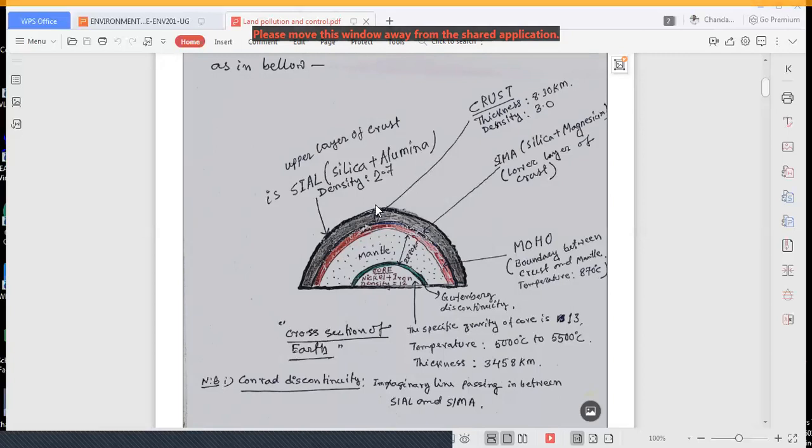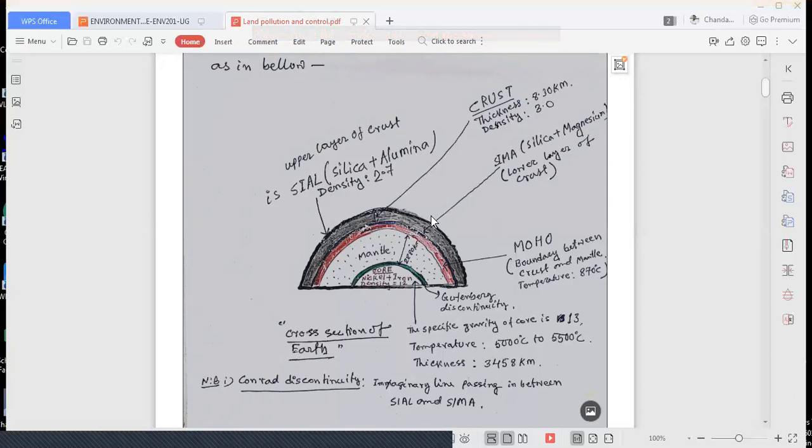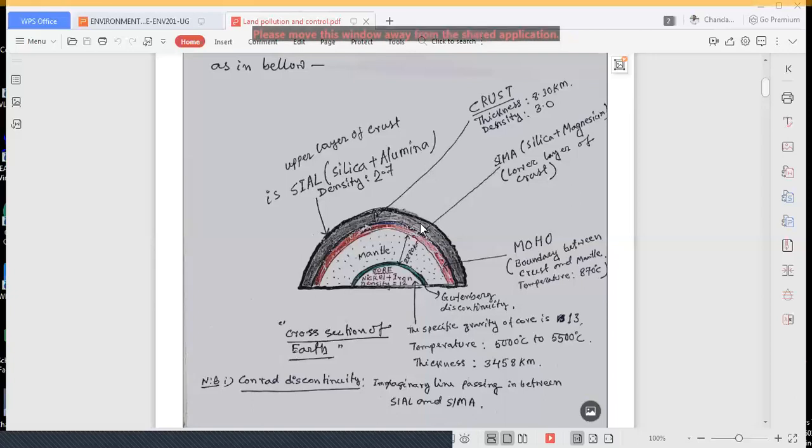This black portion is crust. It has sial and sima. The density of sial is 2.7, and the main elements are silica and aluminum. The lower part of the crust, that black portion, is the sima, which has silica and magnesium.